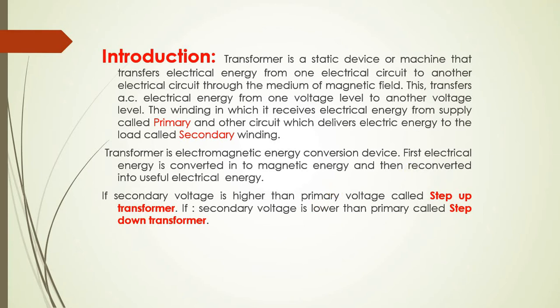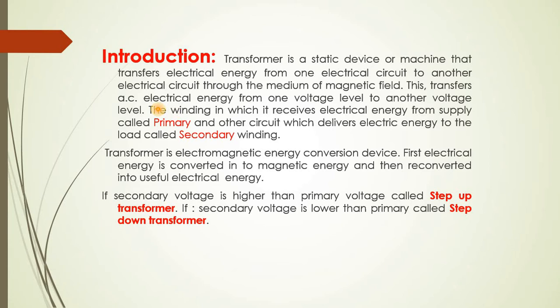What is the transformer actually doing? A transformer is a static device, or a machine, that transfers electrical energy from one electrical circuit to another electrical circuit through the medium of a magnetic field.